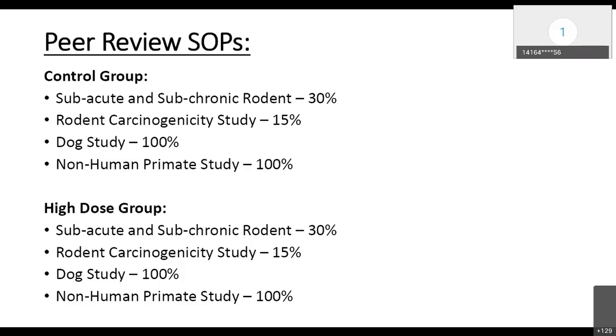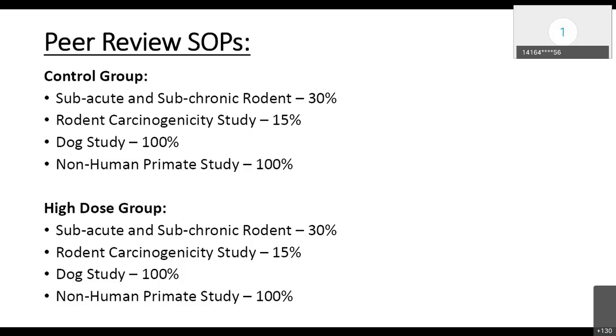And similarly for the high dose group. If it is a carcinogenicity study, we take 15% of the animals from the study. So if a carcinogenicity study has 50 male and 50 female, that is 100, we take 15 animals and examine all organ tissues of all 15 animals.